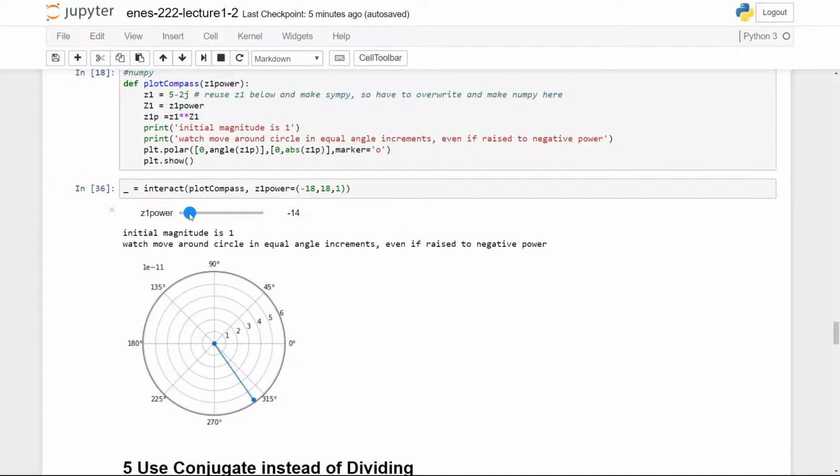Okay, so let's make the power of z 0. So we can go to, there's 1. Okay, there's 1. Now when we raise z to a power, all we're doing is we're taking this angle and we're multiplying it. So if we go to 2, we multiply it, but you can see it's not right on the line.